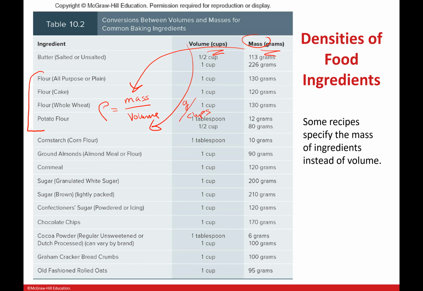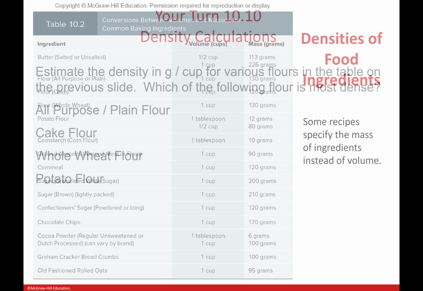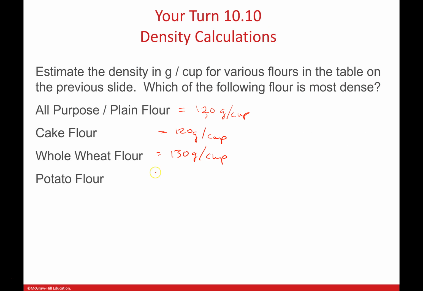So you doubled it to get 1 cup, which is fine, but if you double one, you double the other. It's dense, right? It's the most mass per volume. So all flours are not made equally. Very good.